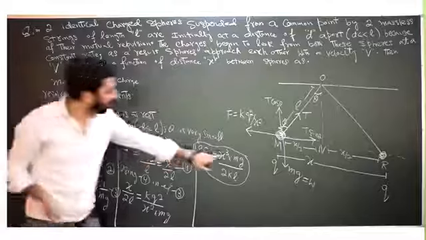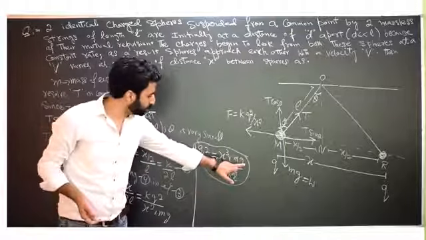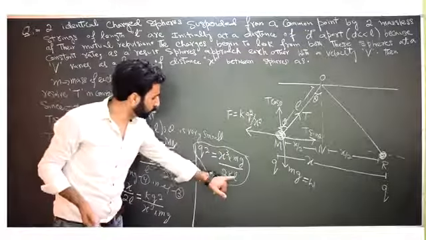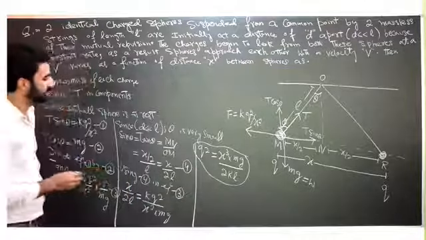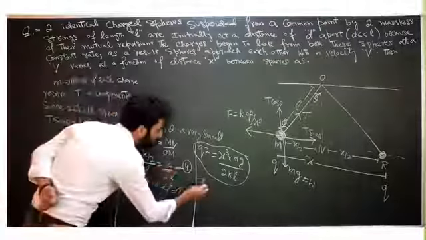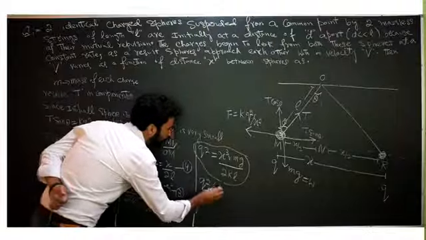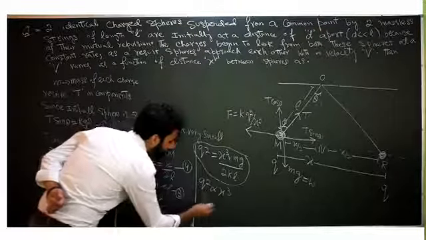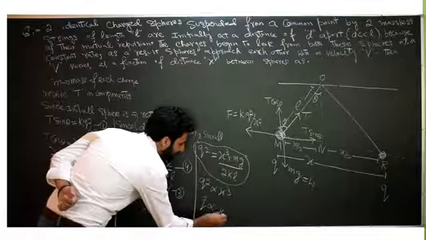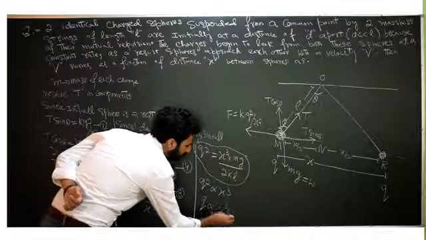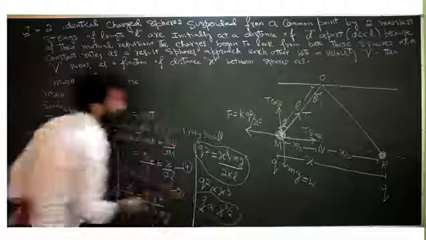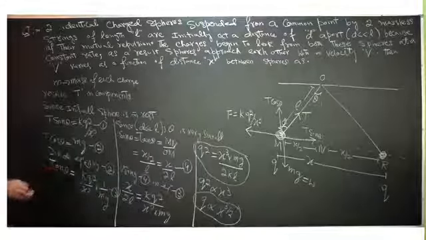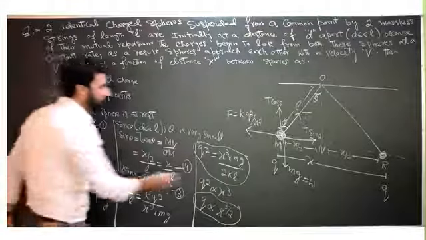So this is the relation between charge and other related quantities. In this case, the mass of the particle, acceleration due to gravity, the electrostatic force constant and length are constants. So essentially we get q square proportional to x cube, or q is proportional to x raised to the power of 3 by 2.